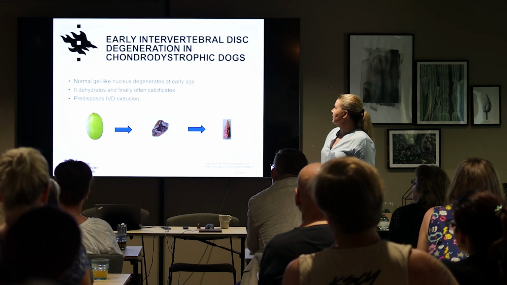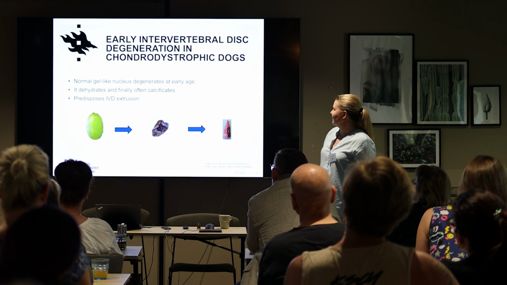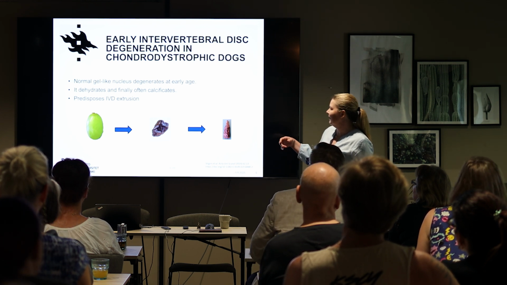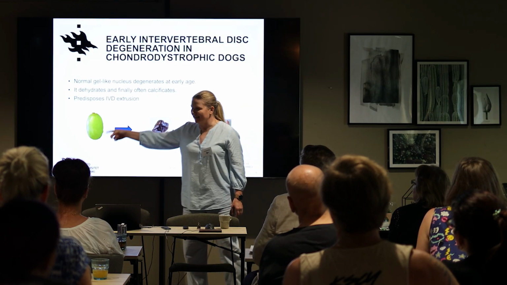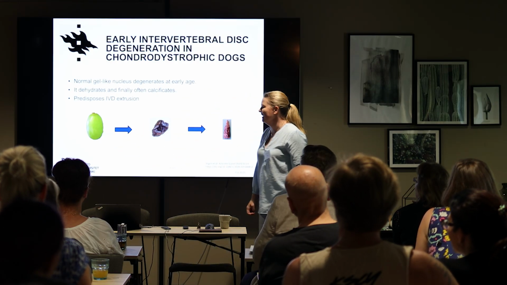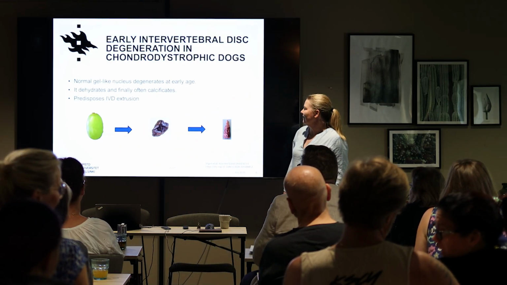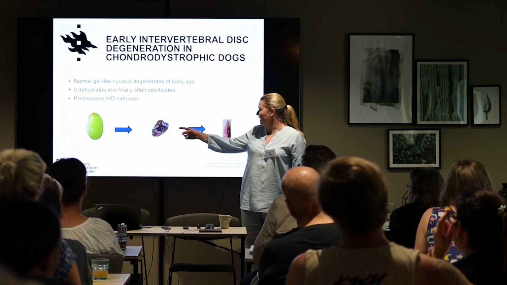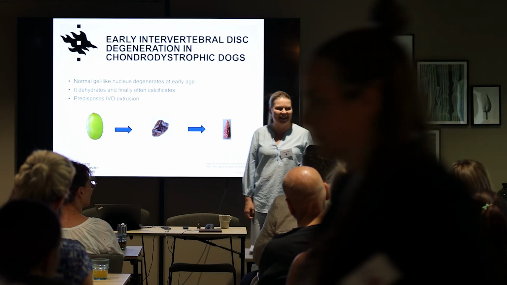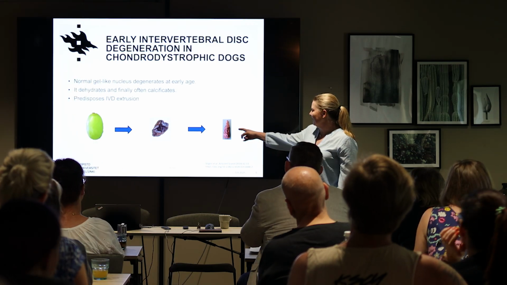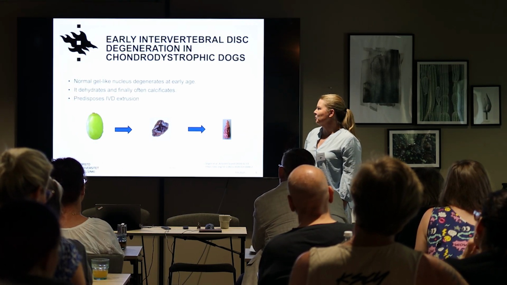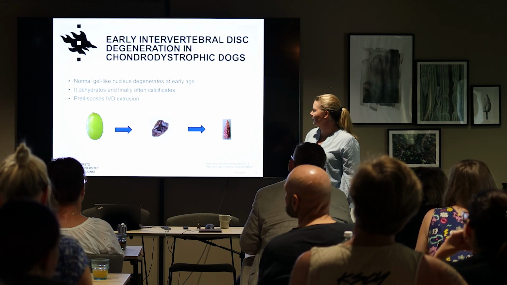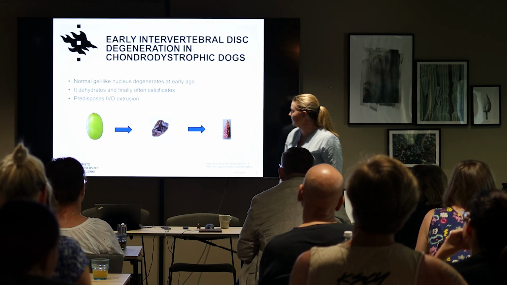What happens with this early degeneration in the chondrodystrophic dogs? The normal gel-like nucleus, which has a moist appearance, then dehydrates, and then most often in these dogs it calcifies and is hard after that.